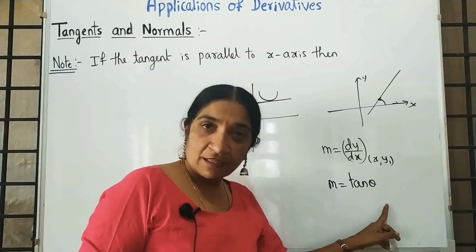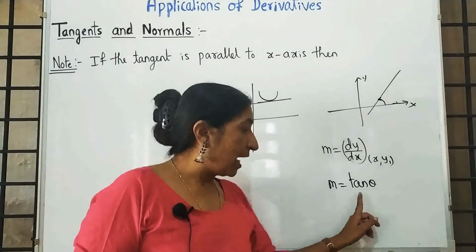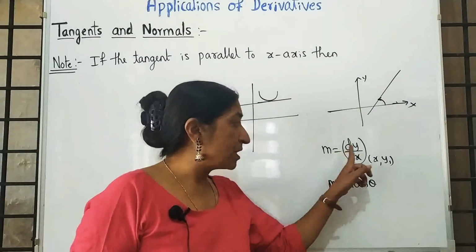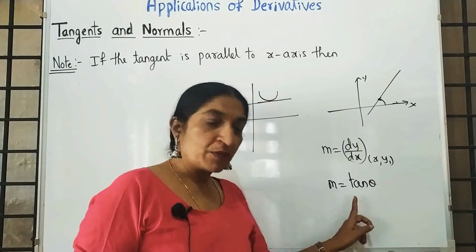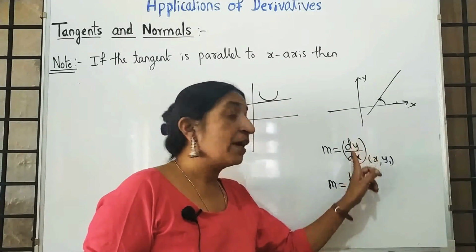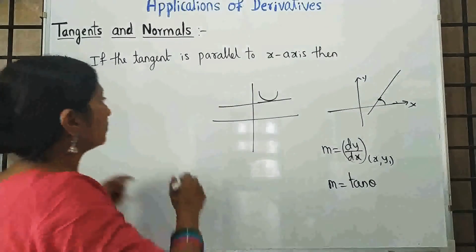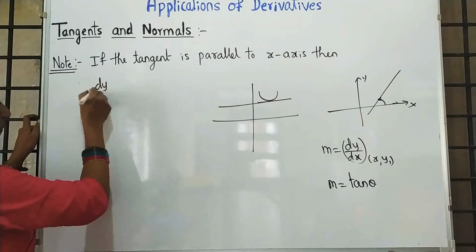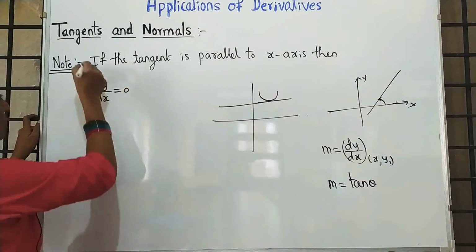And what is tan 0? Tan 0 is 0, and tan is nothing but slope. That means m is 0, so dy upon dx will be 0. Then dy upon dx is equal to 0.